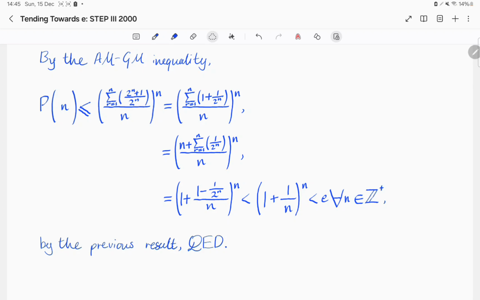This simplifies down to (1 plus (1 minus 1 over 2 to the n) over n) to the n, which is less than (1 plus 1 over n) to the n. This, by the previous result, is less than e for all n positive integers, as required.